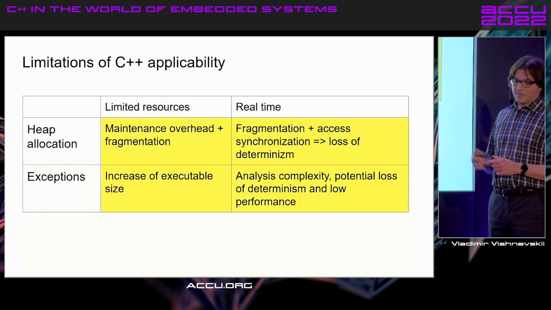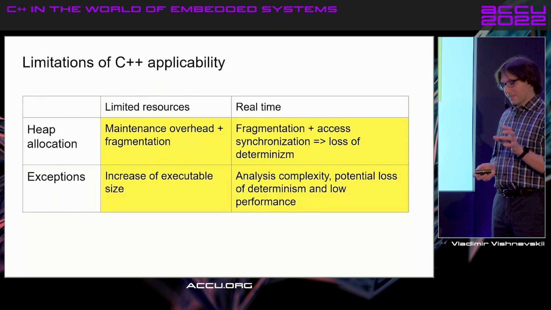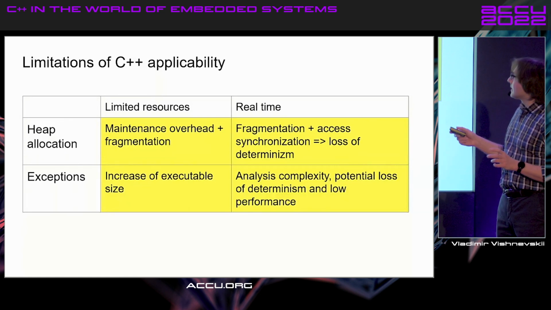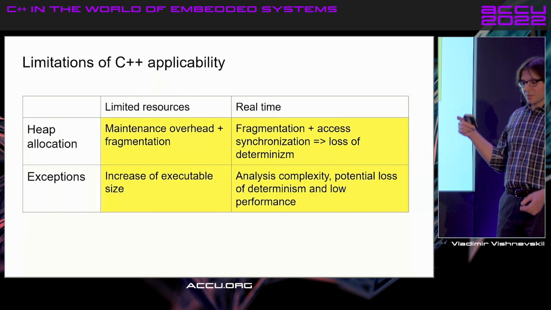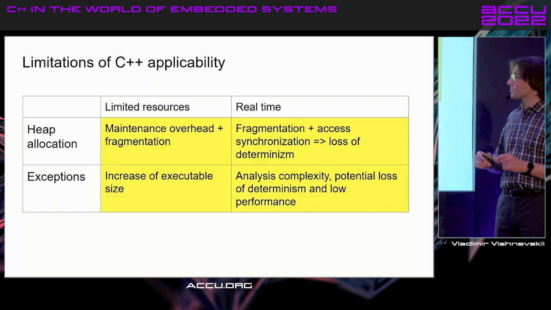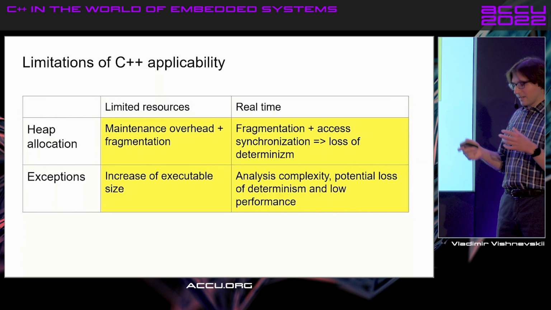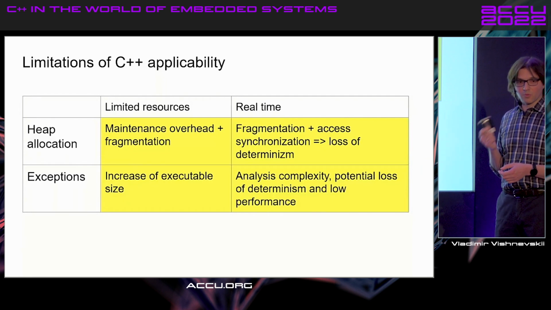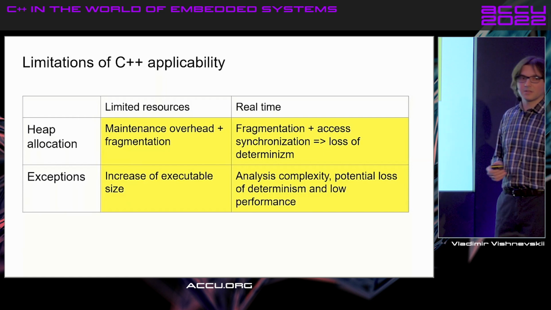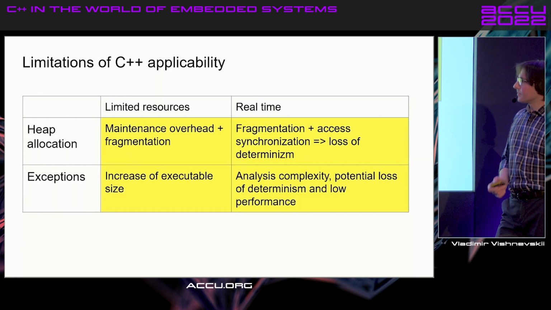For the real-time systems, the heap allocation can introduce some problems. Due to fragmentation that is unpredictable, and some access synchronization, as the heap is a kind of global resource, it can just lead to indeterministic behavior that we want to avoid, to reason about the possibility to process our data in the restricted time slot.